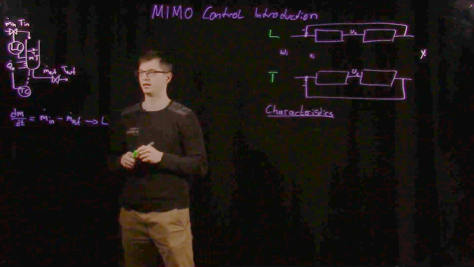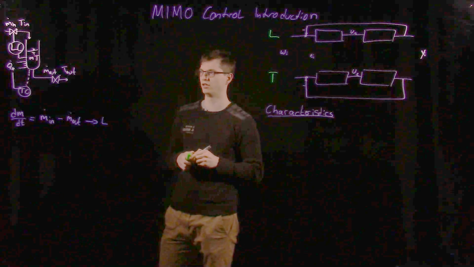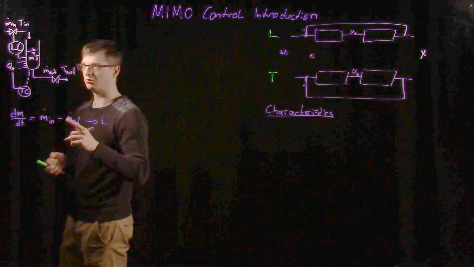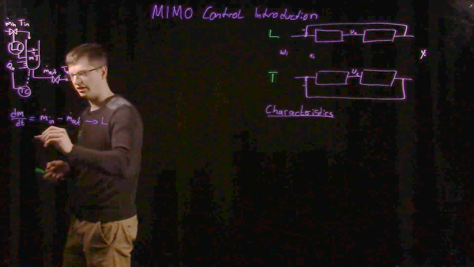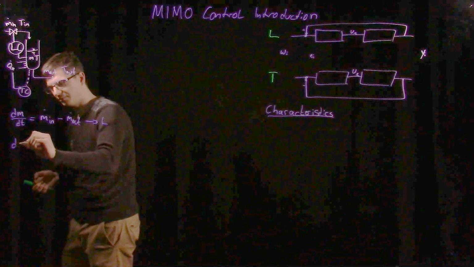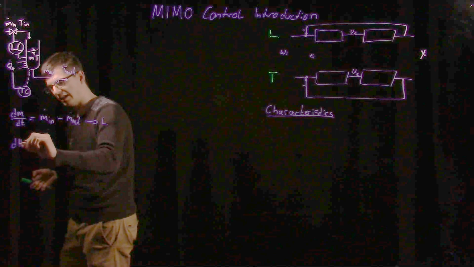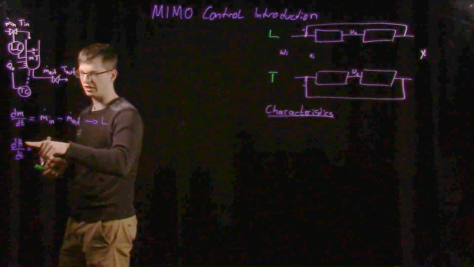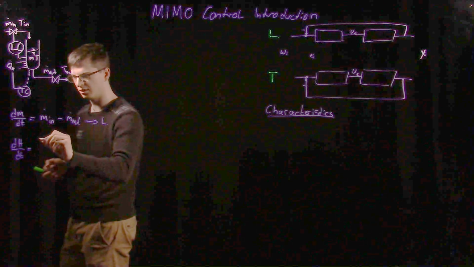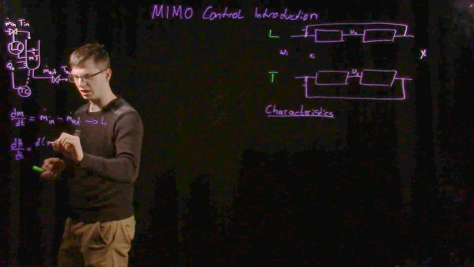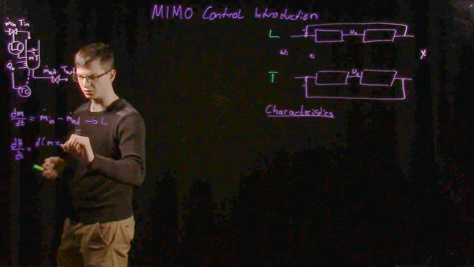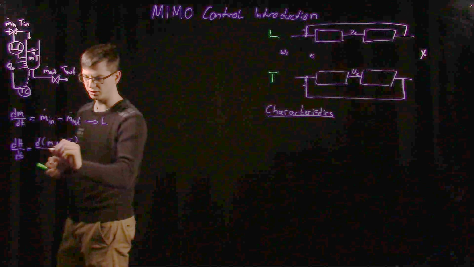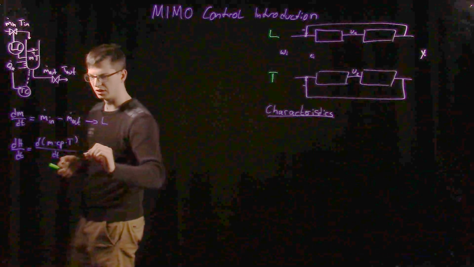To analyze the temperature, we will start with an energy balance within the tank. And that might be eased by an enthalpy balance. So dH divided by dt: the enthalpy within the tank is mass times specific heat capacity times temperature, derived with respect to t.